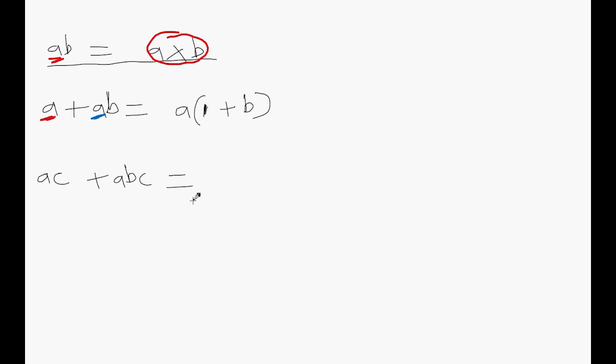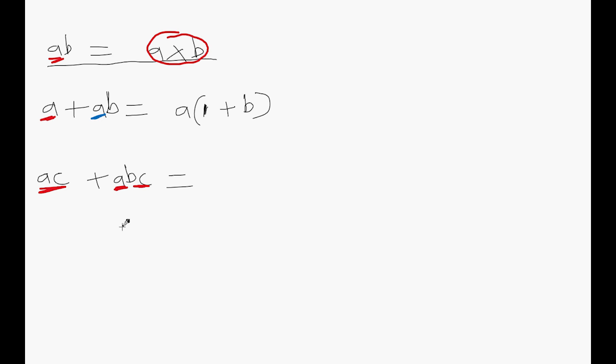First we would look at what's common to both terms. If you look closely you would realize that we have an AC there and we also have A and a C there, and it's multiplication, so ABC is the same as saying ACB or CBA or BCA.